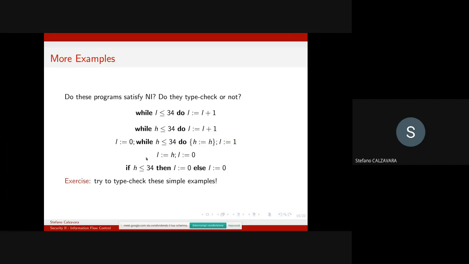I want to have a volunteer for the fourth one. Is the fourth one secure?